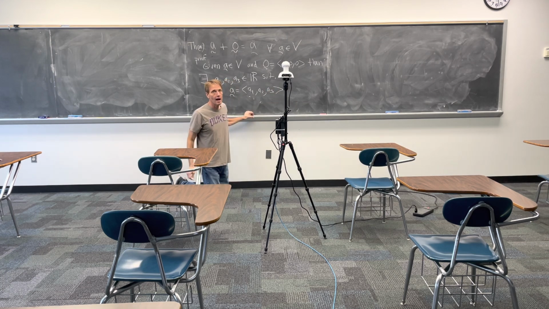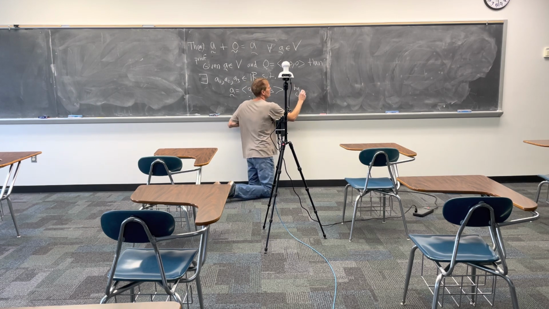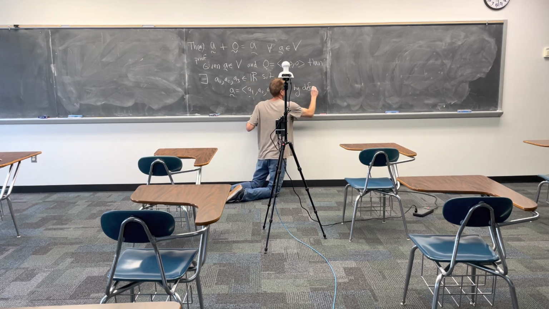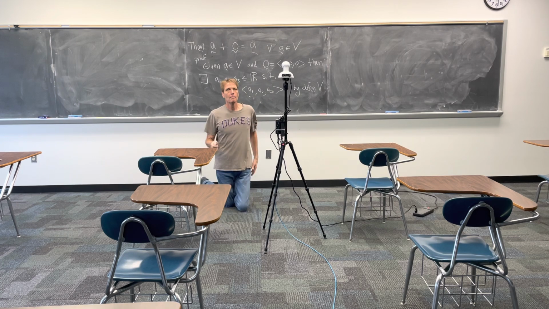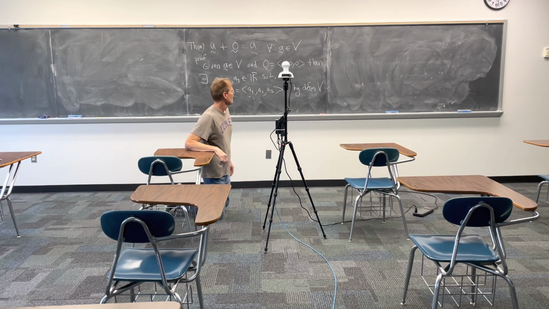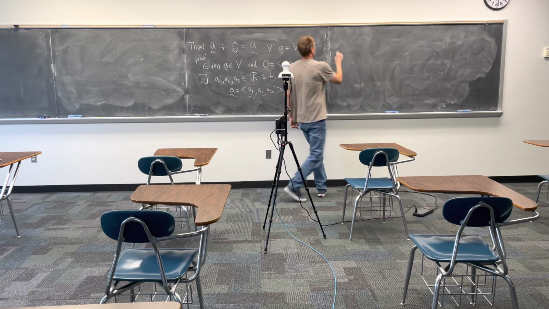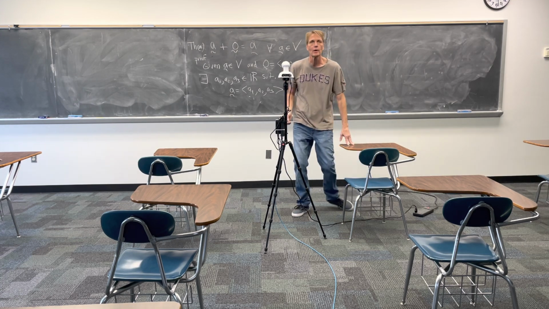Okay, we've written that down. We got to provide a justification. My justification is by my definition of my vector space. I can't wait till you guys get in class so I can write smaller.